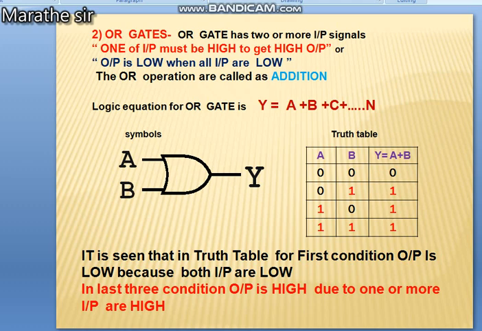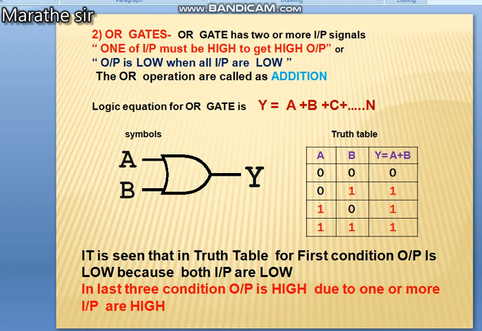In the last three conditions the output of OR gate is high, Y is equal to 1, due to one or more inputs being high. We are getting high output of OR gate only when one or more inputs are high.